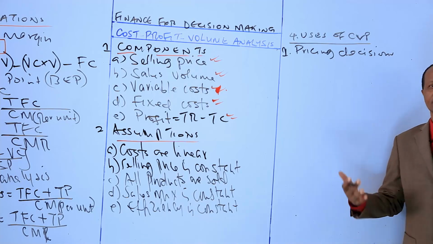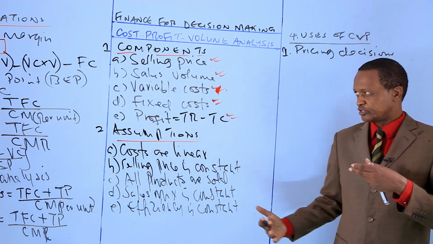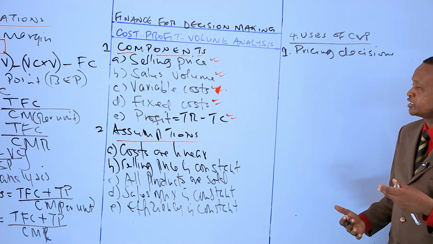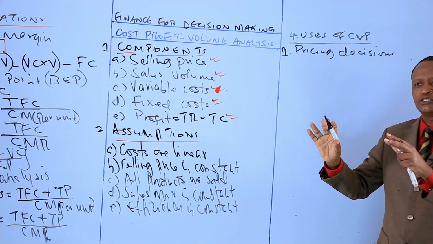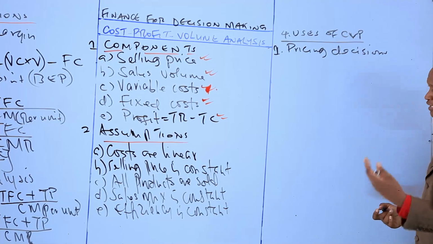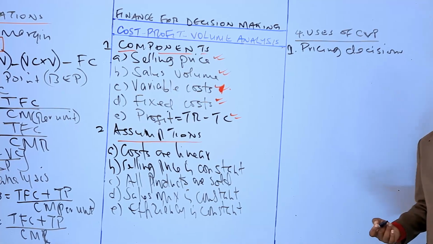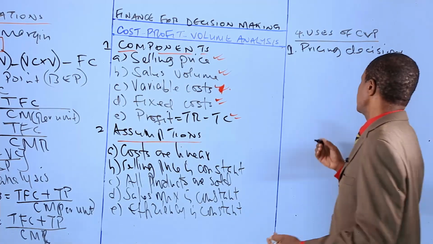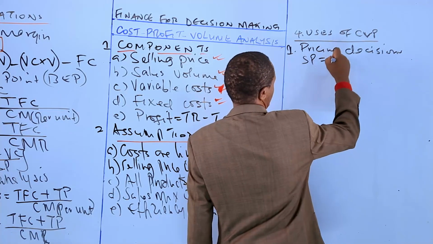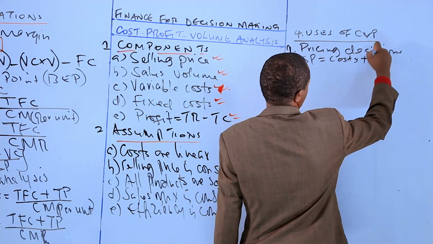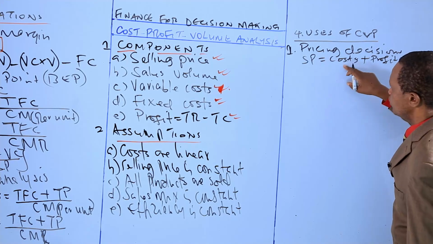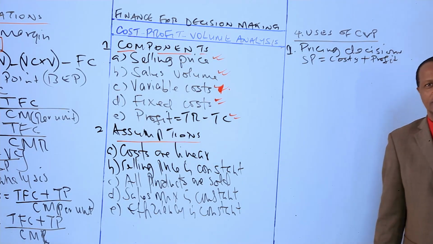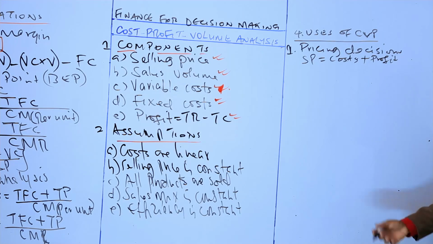Determining the minimum price required to cover all the costs. CVP analysis can be used by managers to determine that price that can be set which covers all the costs and also which promises profit, because selling price must include an element of profit. Of course, we know that if you want to get profit, then the selling price must be more than the cost of the product that you are selling. So CVP may be used in pricing decisions.